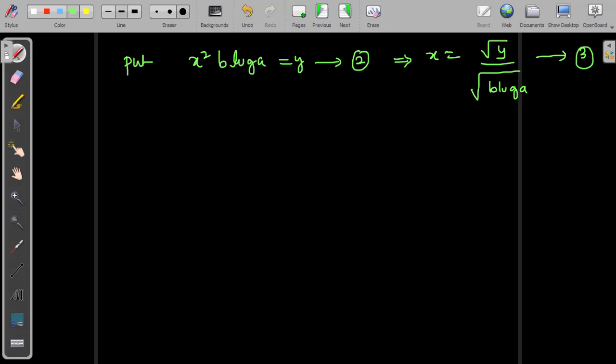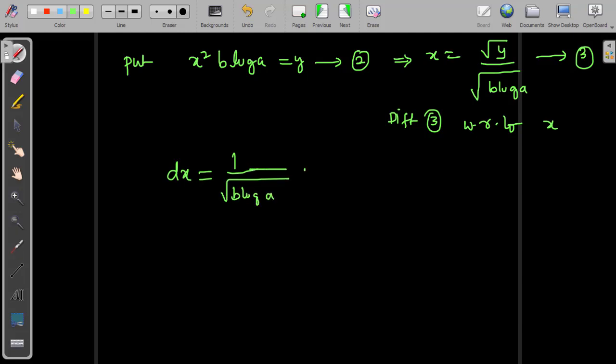Now start differentiating equation 3 with respect to x on both sides. So dx on the LHS. On the RHS, in equation 3 only root y is in the numerator; the remaining value is a constant. So this is 1 by root of b times log a, kept as it is.